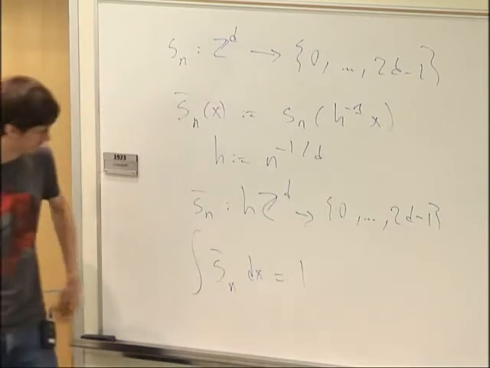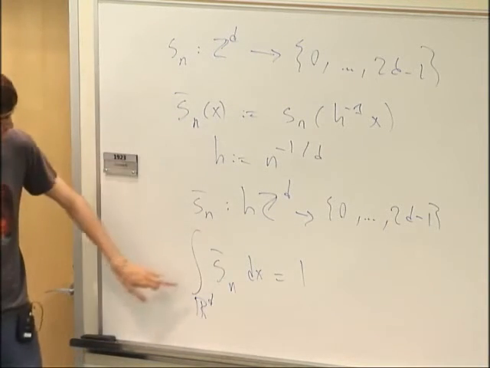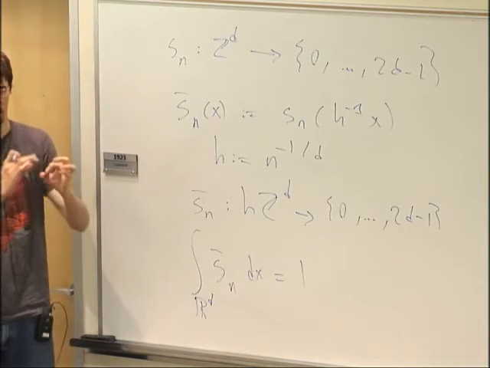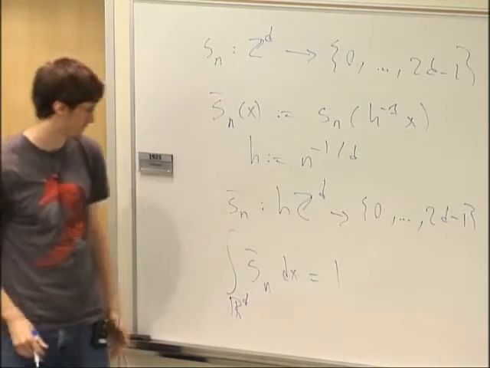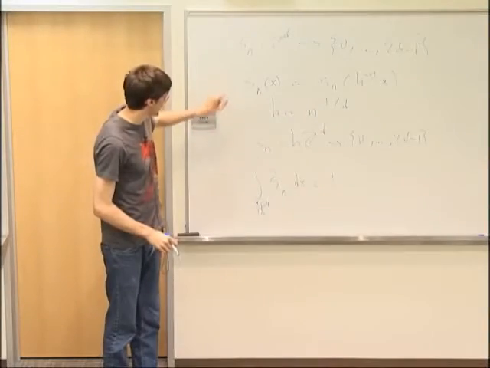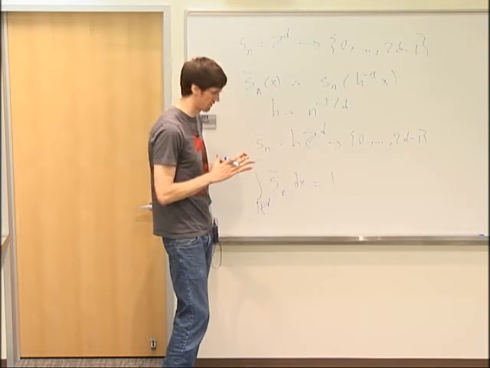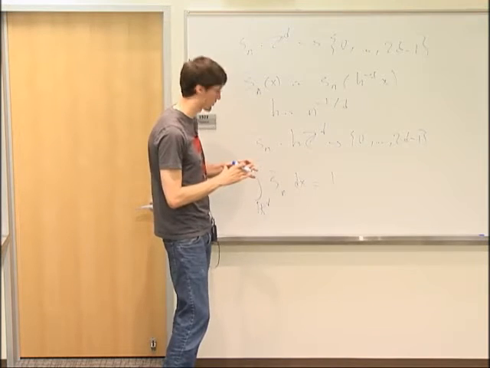Here I'm integrating over R^d. I'm abusing notation a little bit, but if I have some function on the lattice, I'm just going to make it piecewise constant in a little square around each lattice point. So if I rescale like this, the mass stays constant, and the support stays bounded.